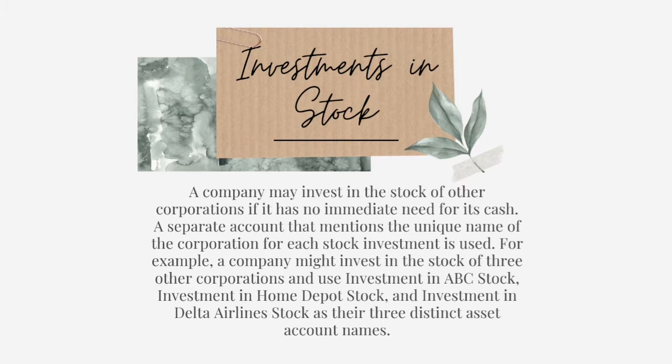On the balance sheet, these individual investment accounts may be combined in the marketable securities listing for short-term investments and/or the equity securities listing for long-term investments for an efficient presentation.